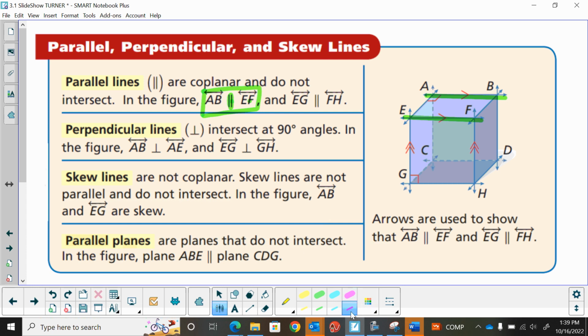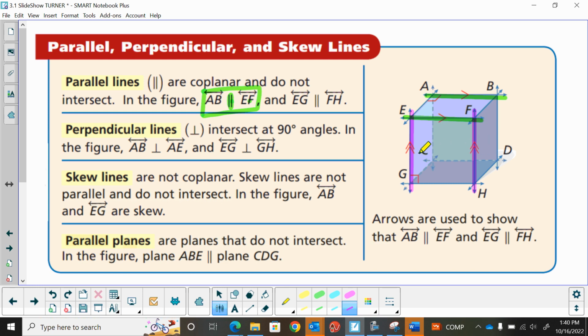There's another example on here. We've got line EG is parallel to line FH. It's a separate set of parallel lines. Now we're looking at this front side or front plane, and think of it as they're going in the same direction. They're never going to intersect.